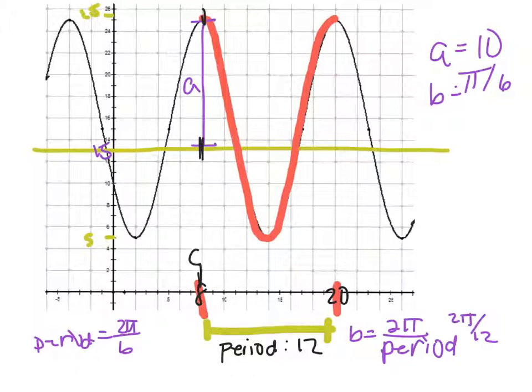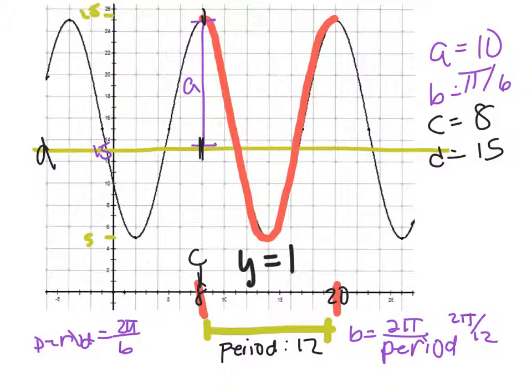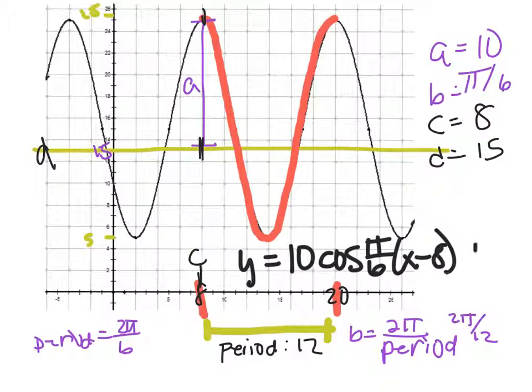So this is C, that's your phase shift. And then your vertical shift is basically the midline of your graph. That's what you found first. And since we're starting high, going low, and going back to high, this is a cosine graph. So my equation is going to be y equals 10 cosine pi over 6 (x minus 8) plus 15.